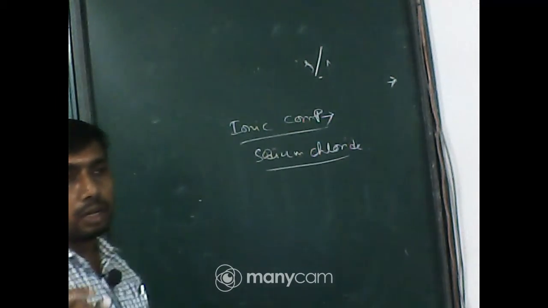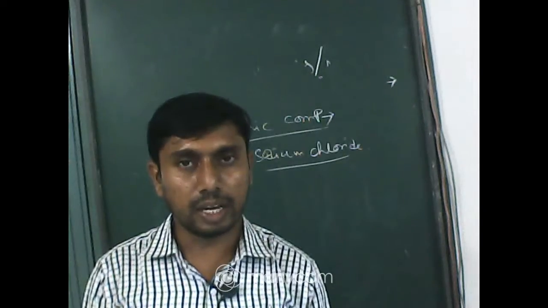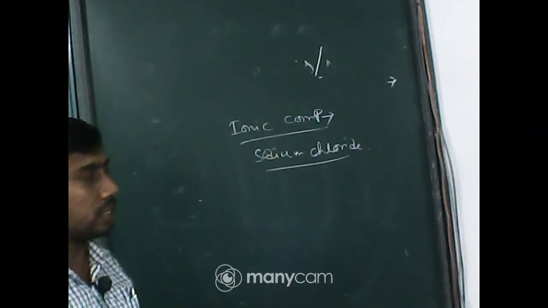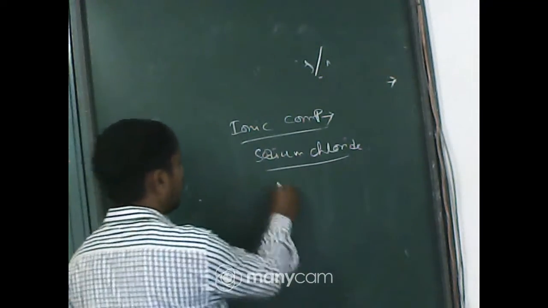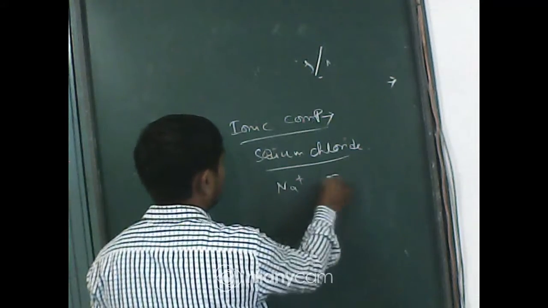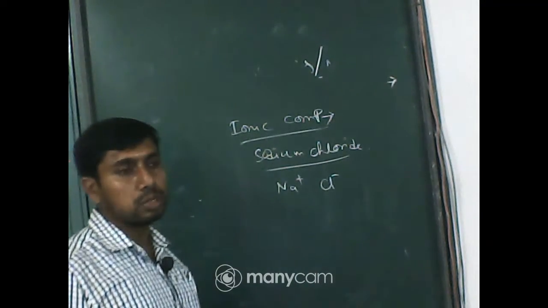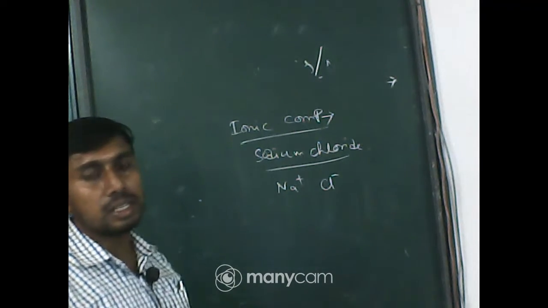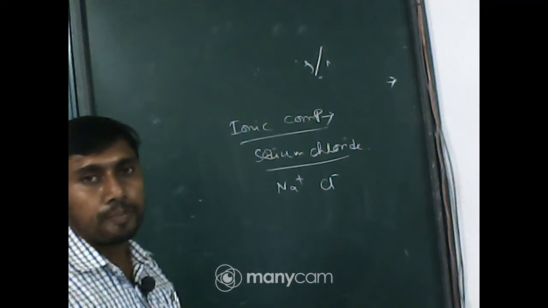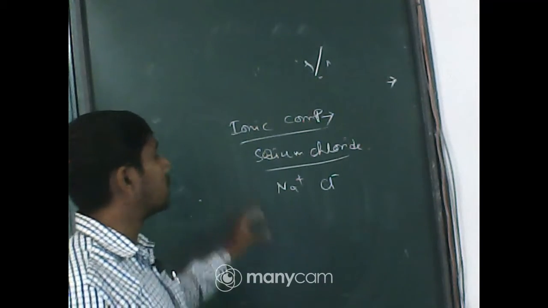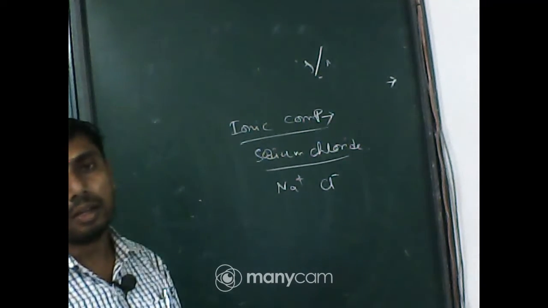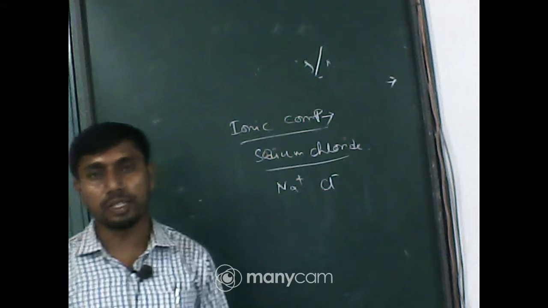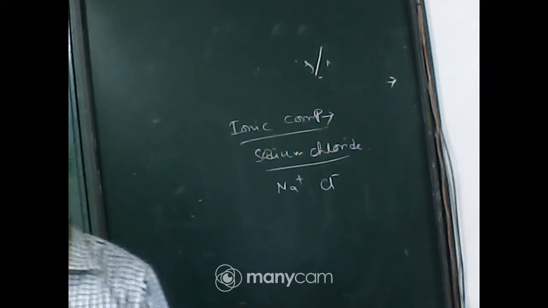Here there is one cation and one anion, that is Na plus and Cl minus. These produce two poles and an electrostatic interactive force, and this is the reason for its crystal structure. So for this type of compound, only the formula mass is used for ionic crystals.